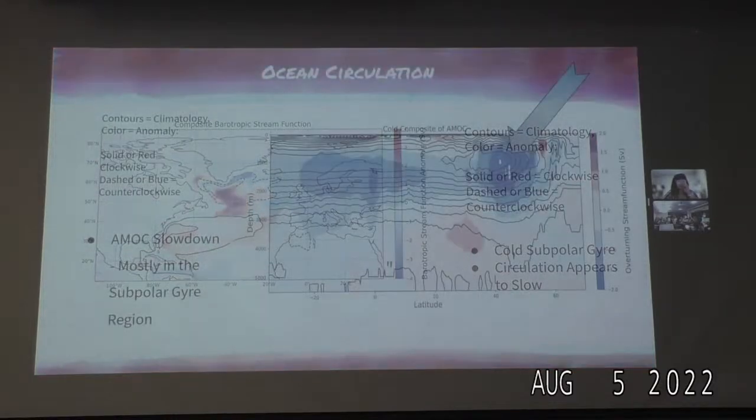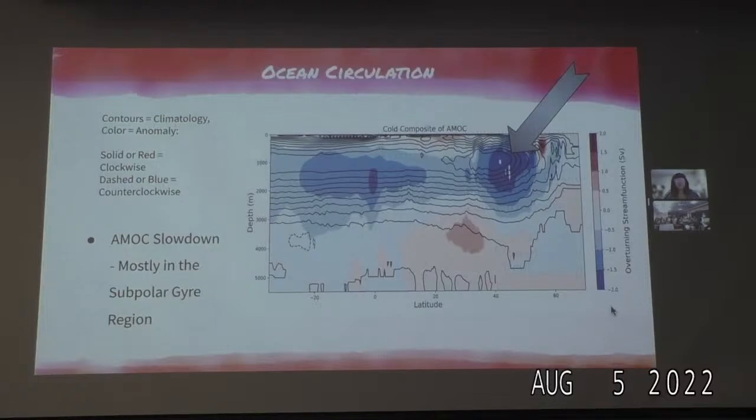And we see that again here when we look at the Atlantic meridional overturning circulation. The best way to think of this plot is if you were taking a slice of the North Atlantic Ocean and looking at a vertical display. So we have latitude here, and the subpolar gyre is mostly in this area, and this goes by depth.